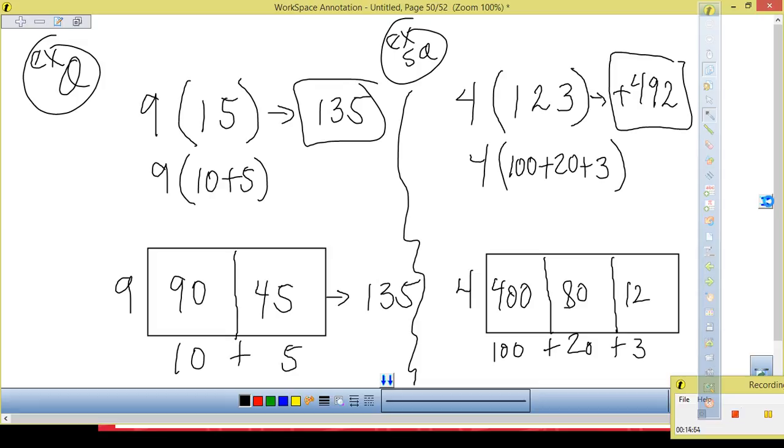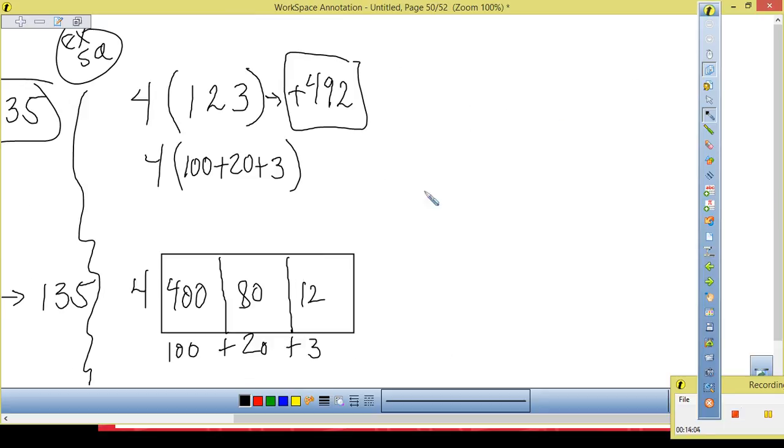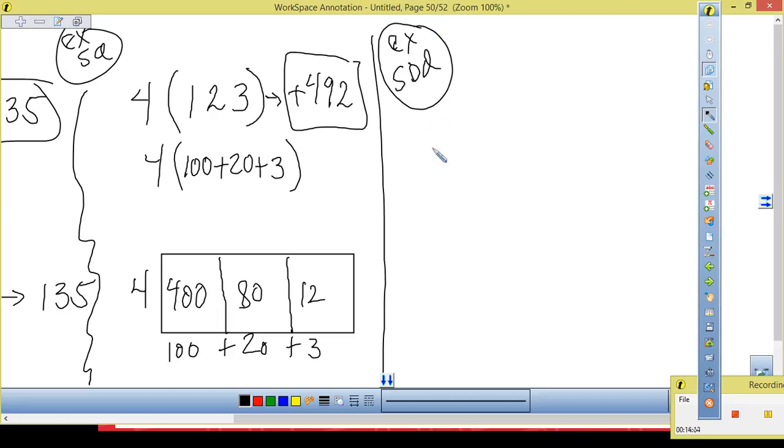Example. Here we go. Example super duper cube. Bam. Here he goes. 8 times 1,352. Let's see how you do with this one.